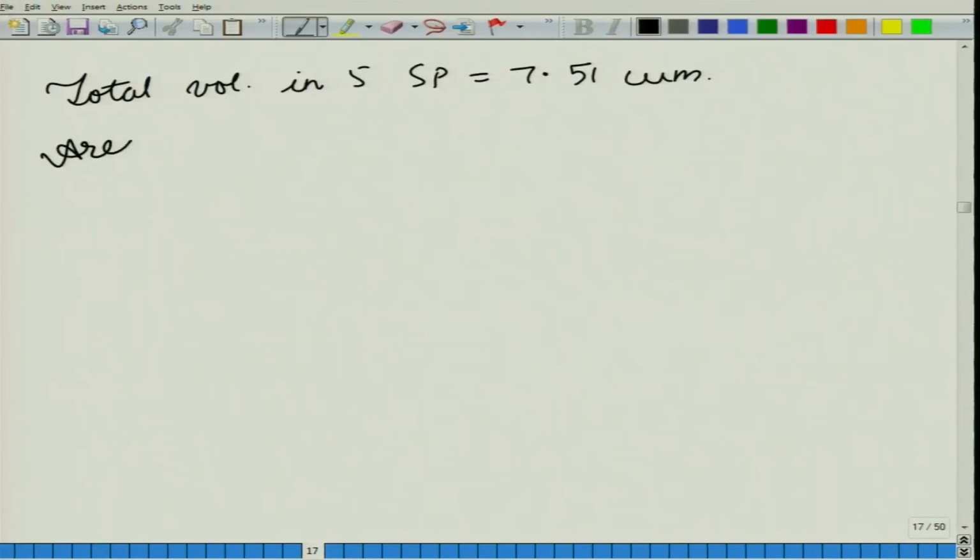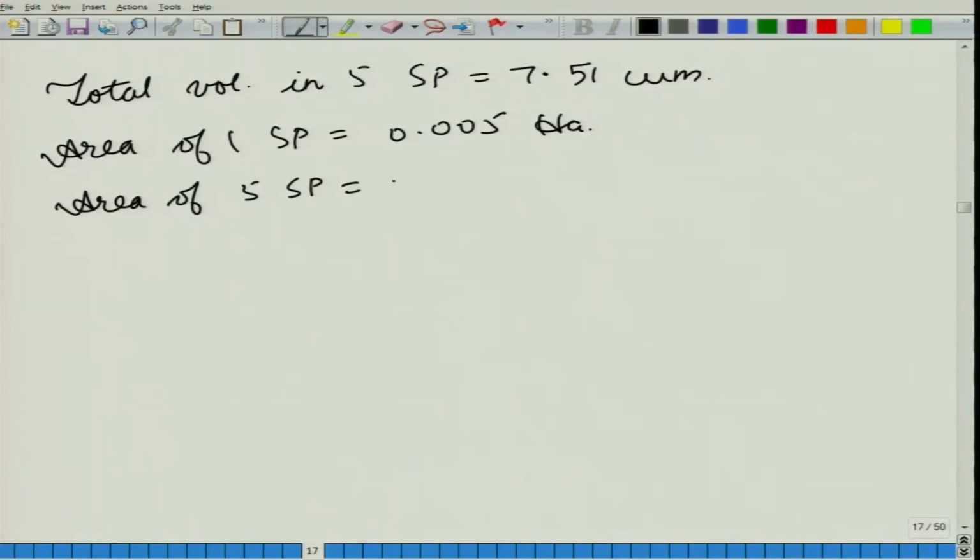Now, the area of one sample plot is given to be 0.005 hectares. So, the area of 5 sample plots is 0.005 into 5, which is 0.025 hectares.